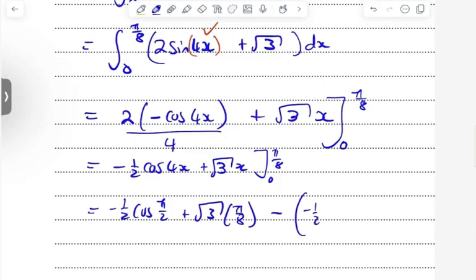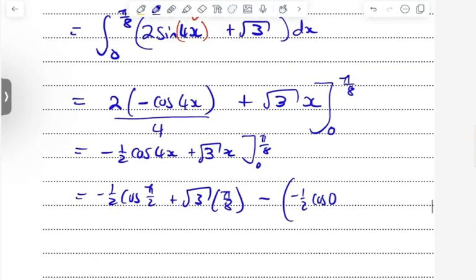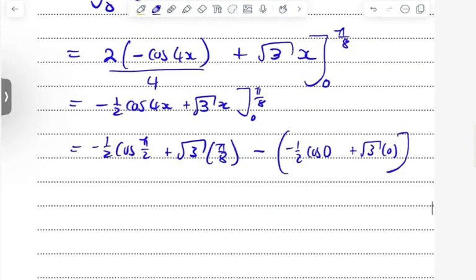Minus cos of 0 is not 0. Okay, so always just double check. Your terms don't always fall away. Okay, cos of pi over 2 is 0. Whenever I do this, I just think of my graph. So my graph goes down at pi over 2, it's 0. Okay, so we've got root 3 pi over 8 minus cos of 0, this becomes 1.